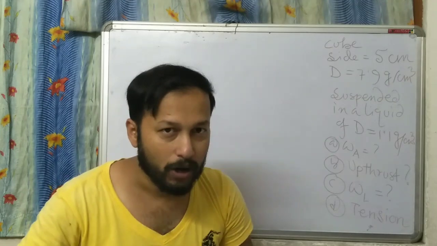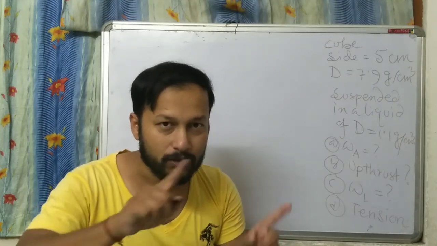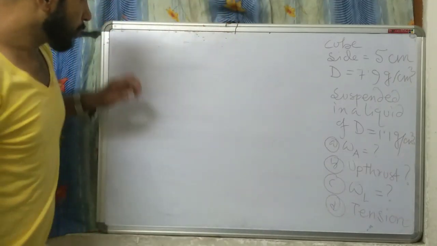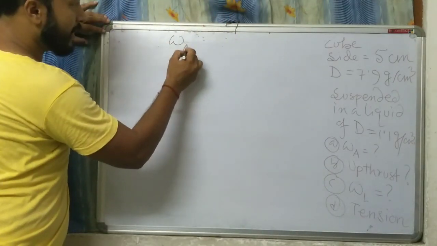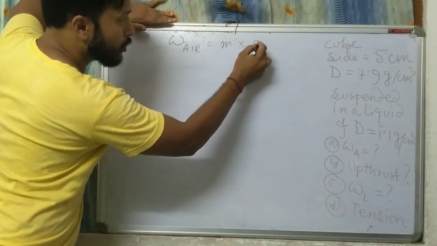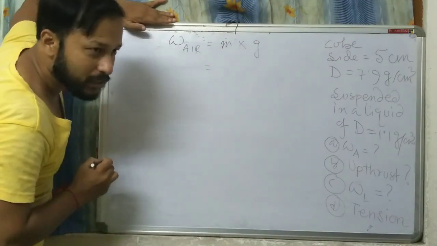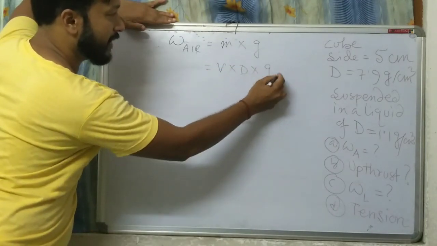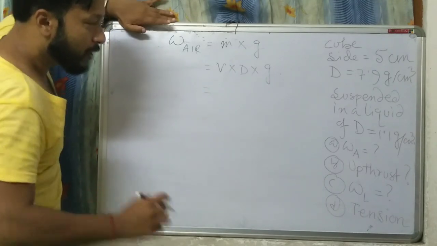We know the formula: weight equals mass into gravity. Mass means volume into density, into gravity. Let us use that. So weight in air equals mass into gravity. What is mass? Volume into density. Volume into density into gravity. What is the volume?